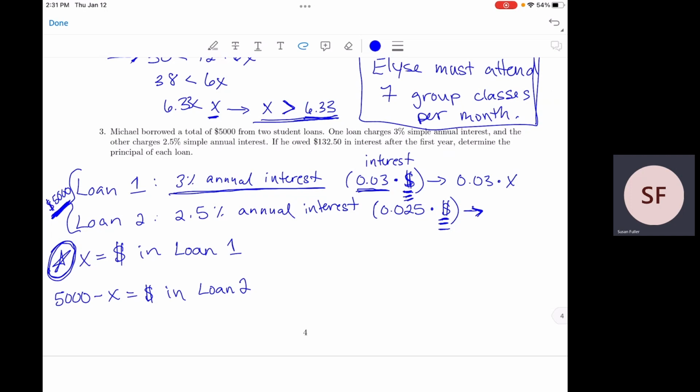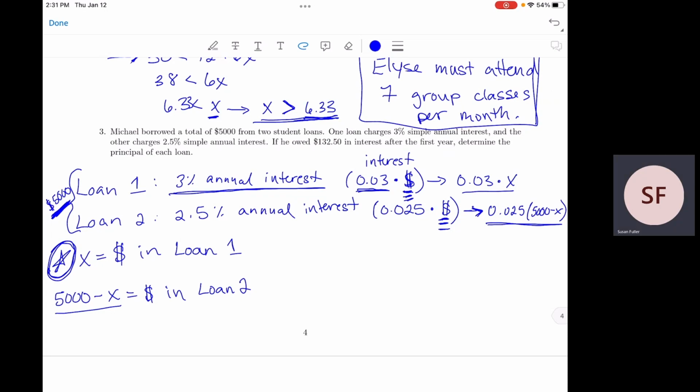Well, I said I have 5,000 minus X dollars in loan two. So the interest from loan two is going to be 0.025 times 5,000 minus X dollars. This first one is interest in loan one, and this one is interest in loan two.